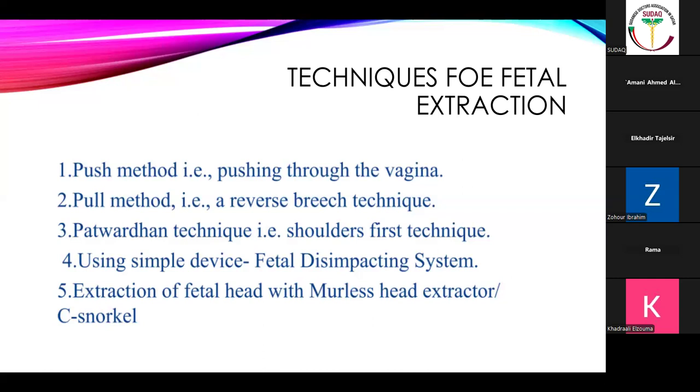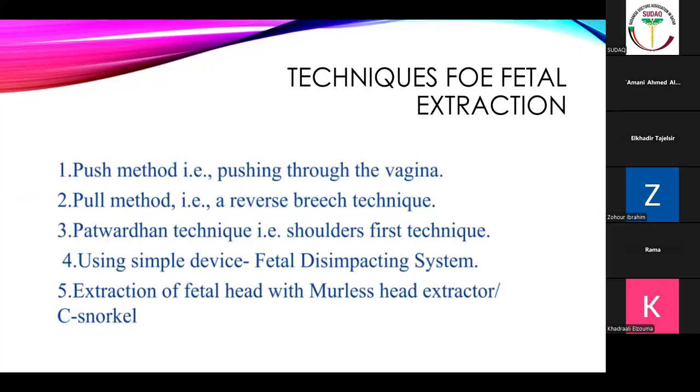Okay, the pull method is the reverse bridge technique. Of course the push method could be combined with use of the non-dominant hand, which is the left hand if you are right handed, or the right hand if you are left handed, and you're standing on the left side of the patient.